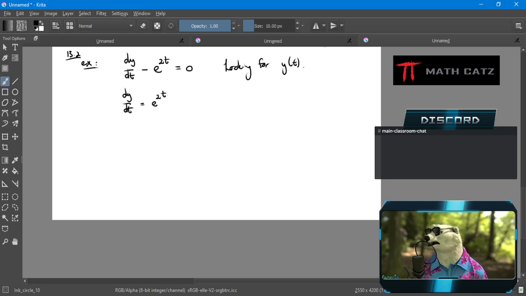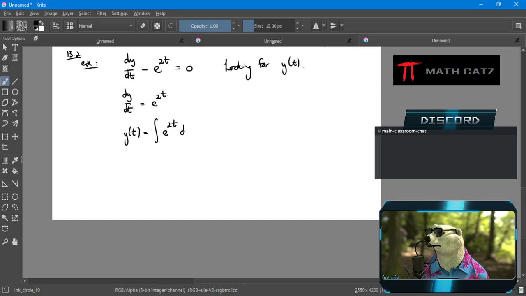That means that what I'm really looking for is a function whose derivative is e to the 2t, which means I'm looking for the antiderivative of e to the 2t. So the differential equation is just a different spin on the antiderivative question.